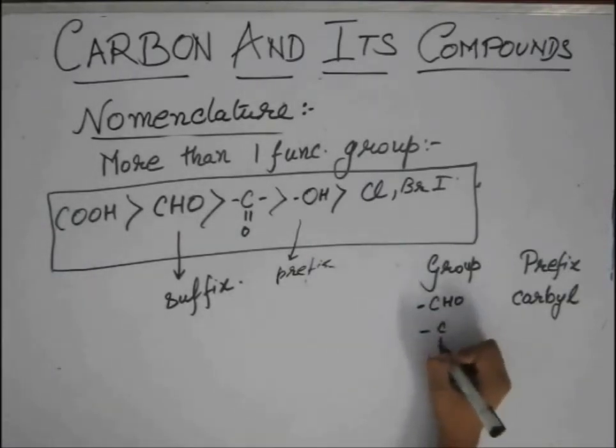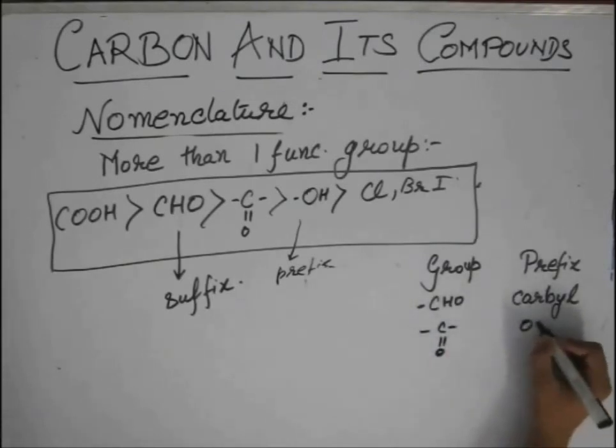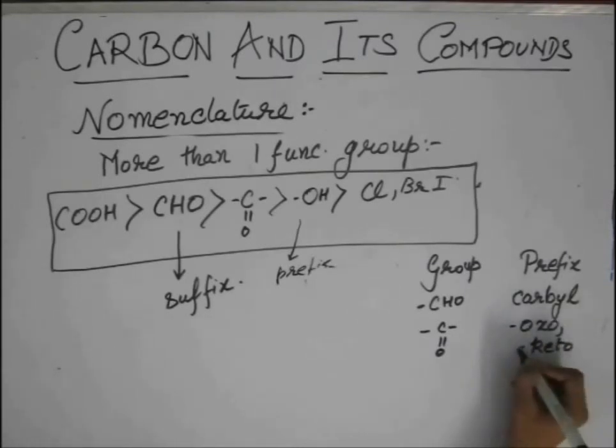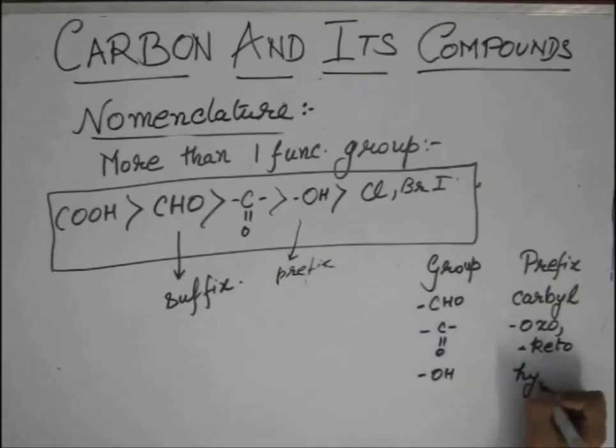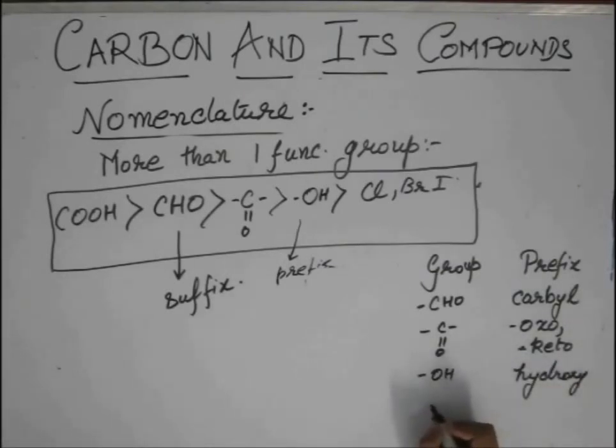For ketone, the prefix is oxo or keto, anyone you can use. For OH, the prefix is hydroxy. And for Cl, Br, I, there are only prefixes. There are no suffixes.